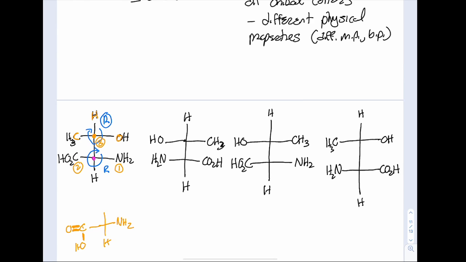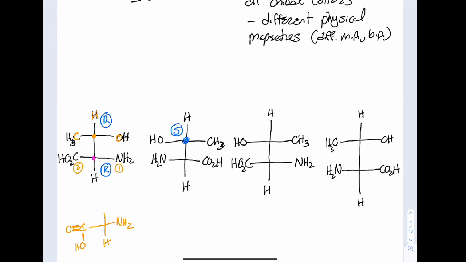Hydrogen is going back, so I'm just going to keep it as R. So if you're feeling confident about your ability to do that, you don't have to do the others, you just have to translate it over. If I look at this chiral center right here, it's the opposite to the one I just did. So this is actually going to be S.